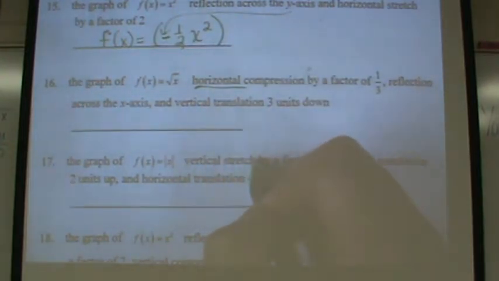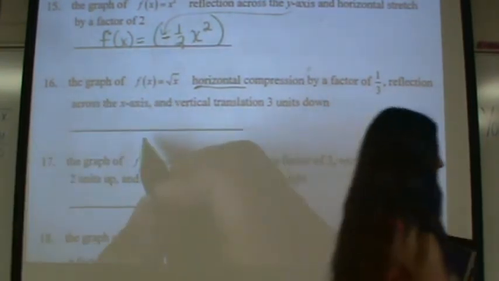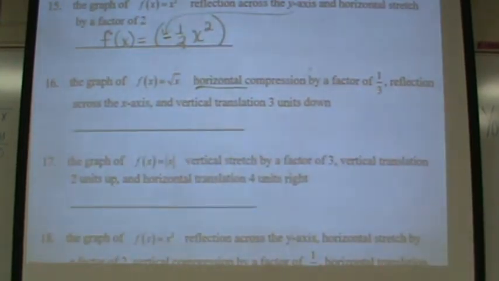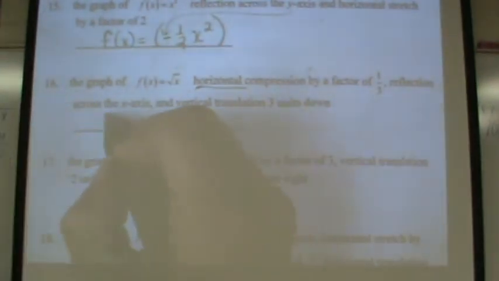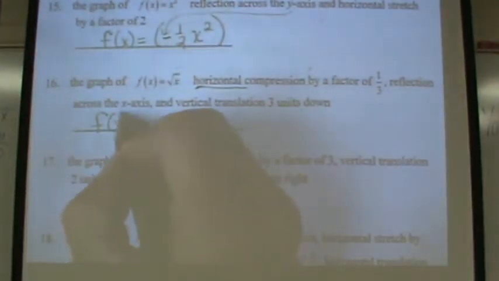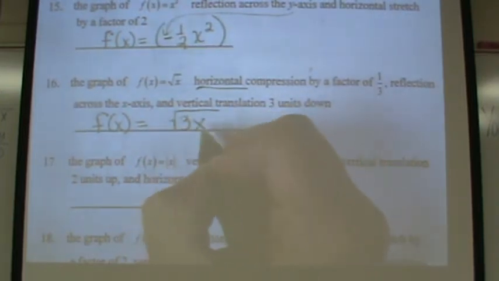Inside. So what are you going to do with the horizontal compression of 1/3? A 3 on the inside. On the inside, good.